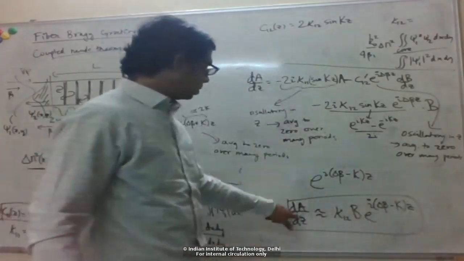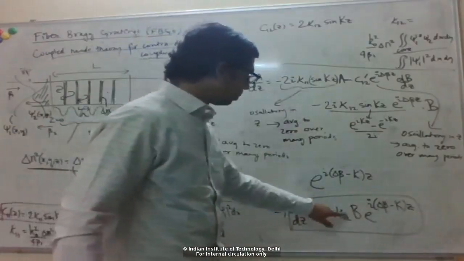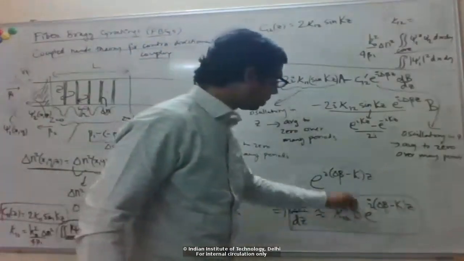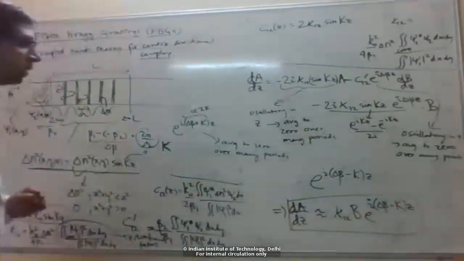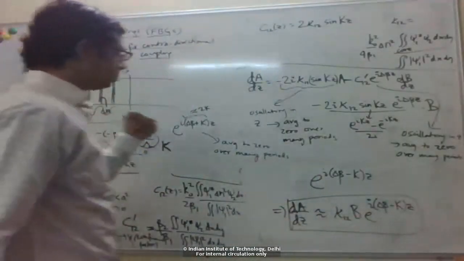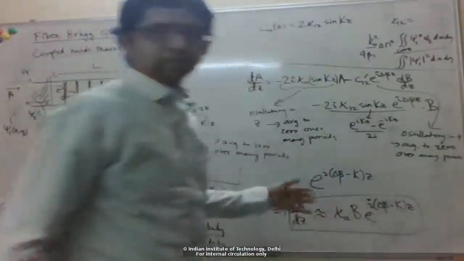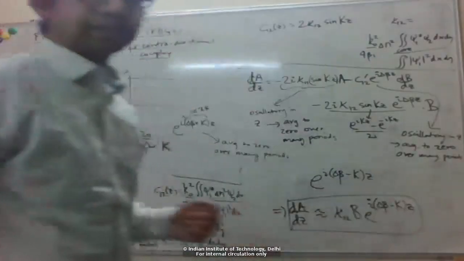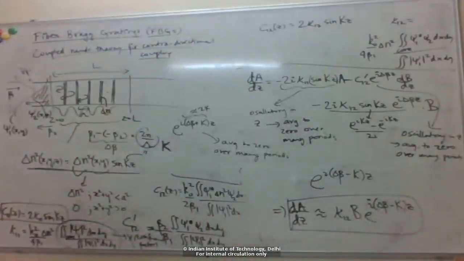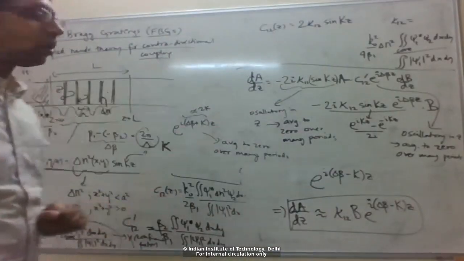So now the propagation of A is coupled to B with this coupling coefficient kappa 1 2, and then this phase factor. It depends on the wave vector and this matching, basically how close you are to the Bragg condition. Okay, so I hope that's clear, this approximation.